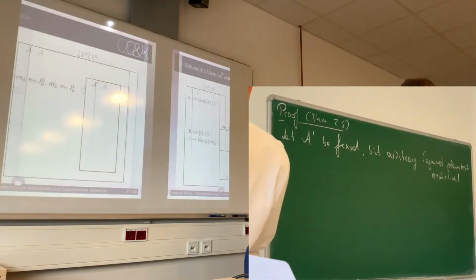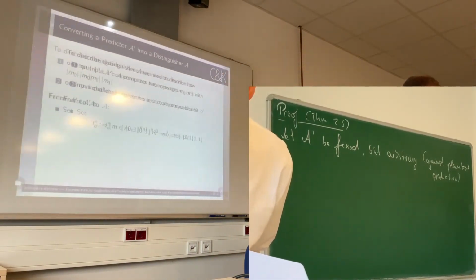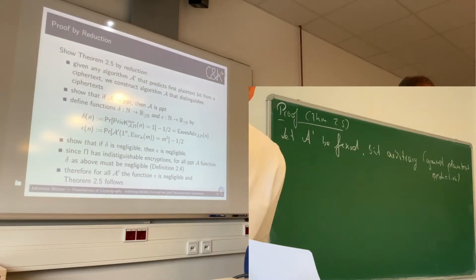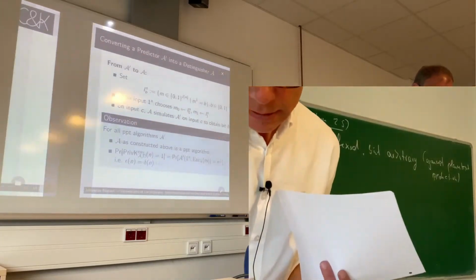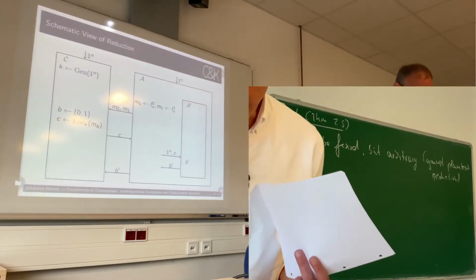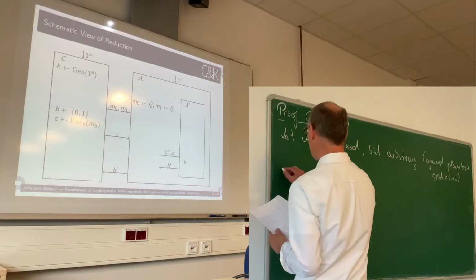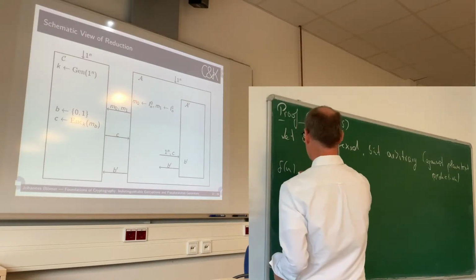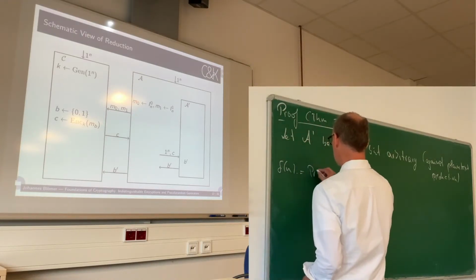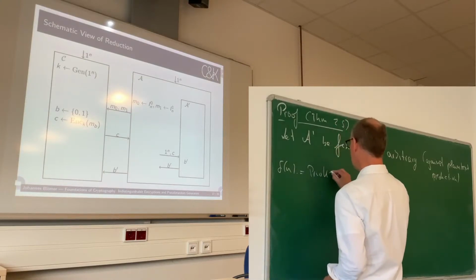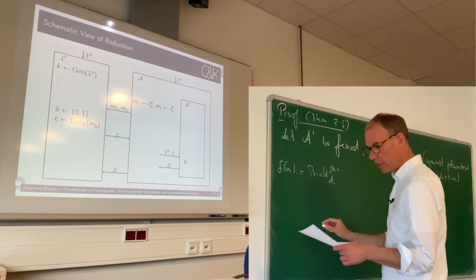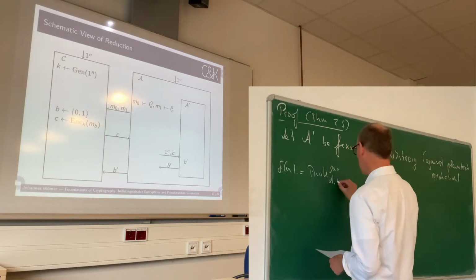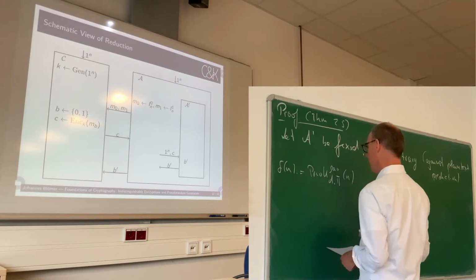Let me just make sure that I don't mess up my notation. Yes, this is delta n. So delta n is the eavesdropping advantage of A against pi on input n.